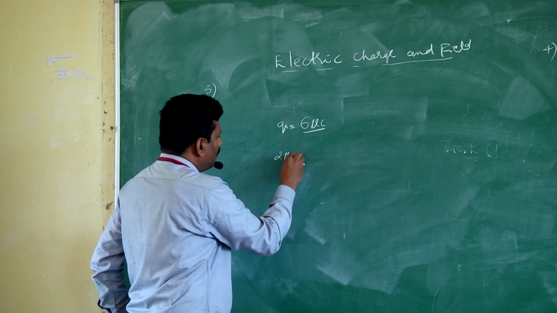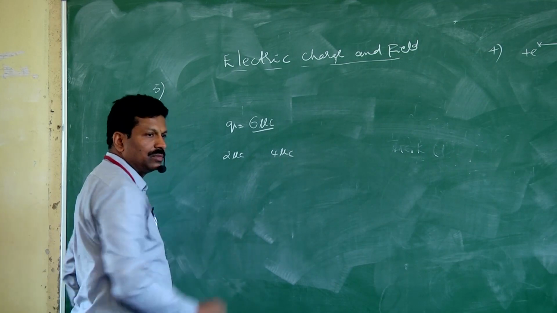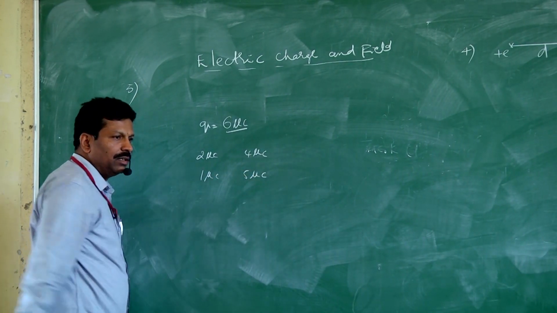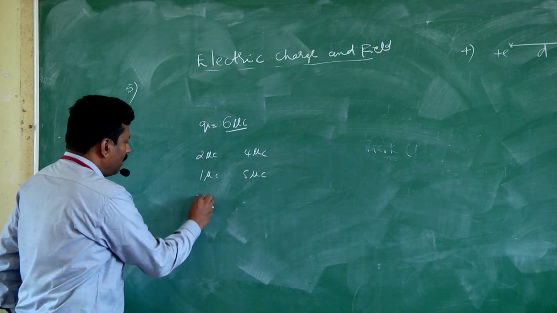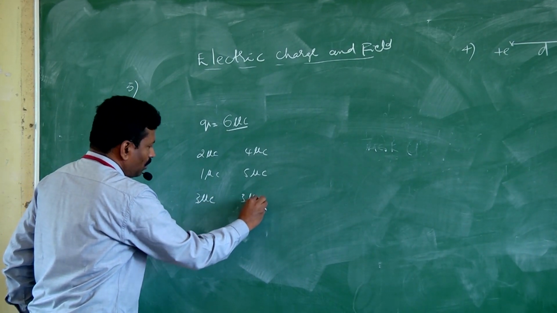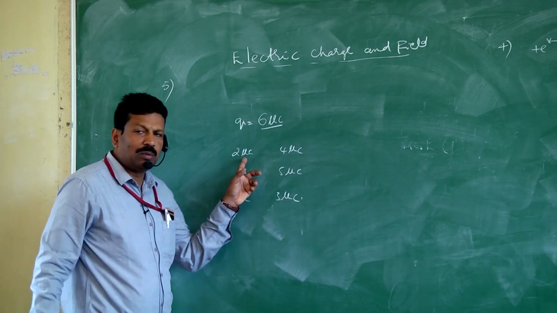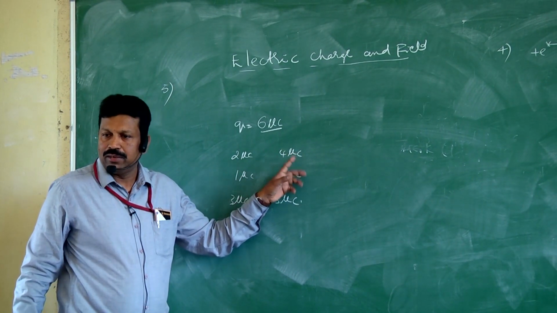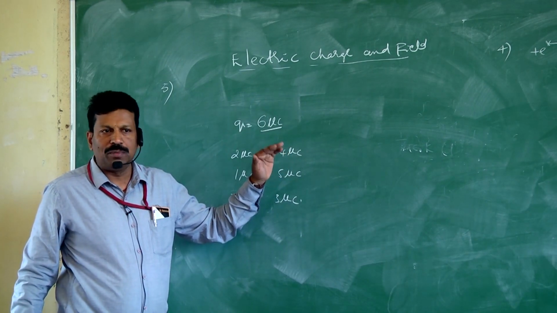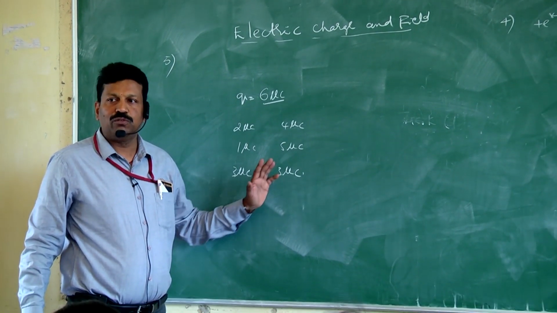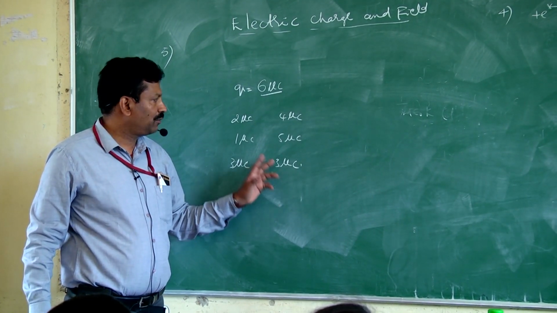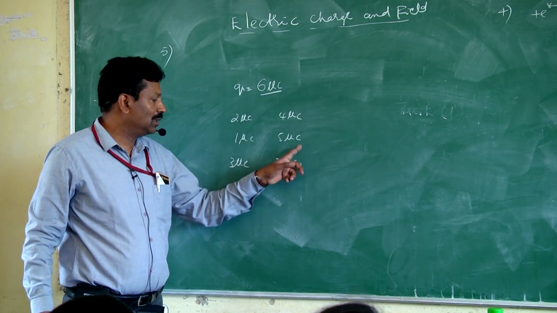We can divide it as 2 microcoulomb and 4 microcoulomb, correct? 1 microcoulomb and 5 microcoulomb, can we? And 3 microcoulomb and 3 microcoulomb. We can also make it 1.5 and 4.5, 2.5 and 3.5, in different combinations. But when is the force maximum? The force will be maximum when they are divided in such a way that they are equal.